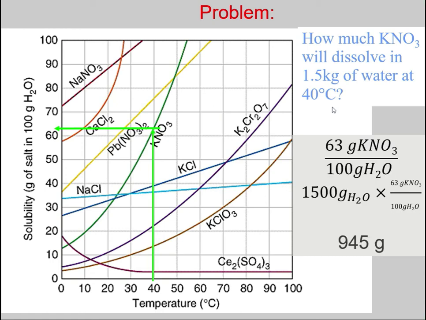So if I have 1.5 kilograms, which is the same as 1,500 grams of water, and I know that 63 grams of potassium nitrate can dissolve in 100 grams of water, again, grams of water will cancel, I could dissolve as much as 945 grams of potassium nitrate in that 1.5 kilograms of water.